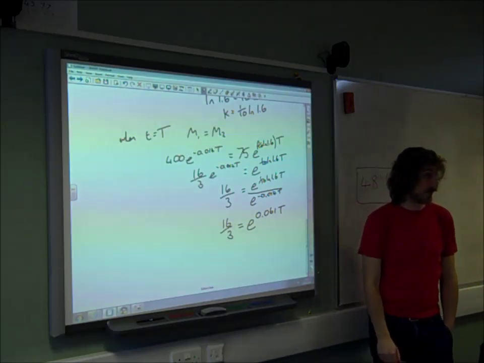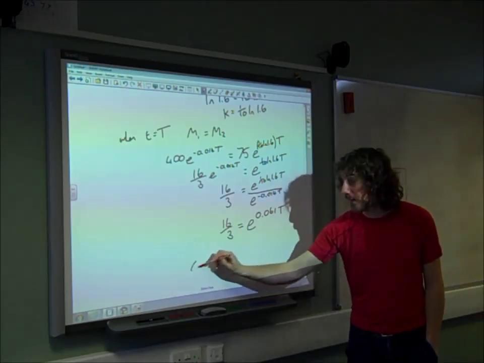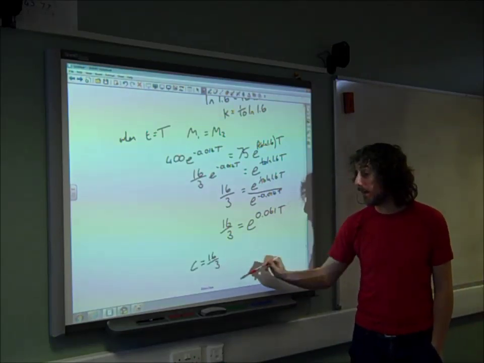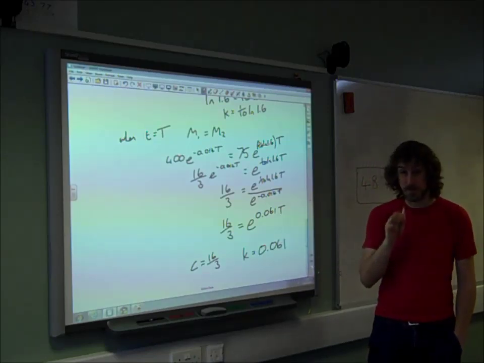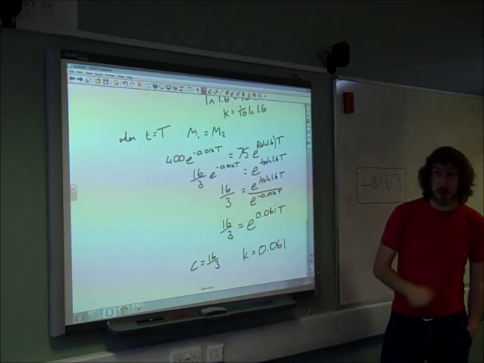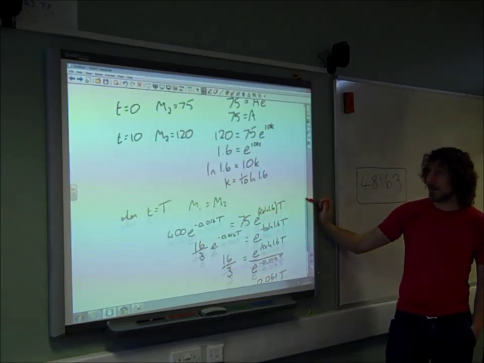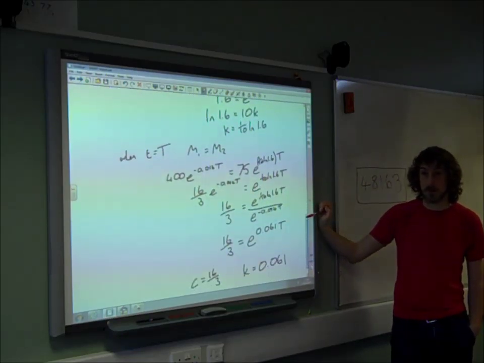In other words, what we're saying is that C equals 16 over 3 and K is 0.061. And that took a little bit of doing, didn't it? It was a little bit messy to get to that point.